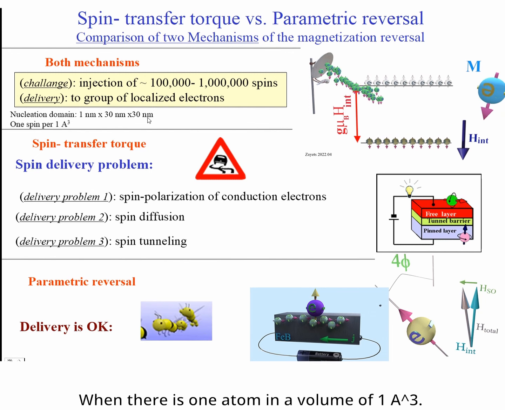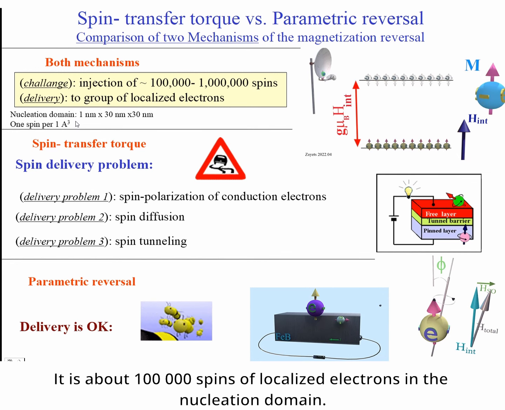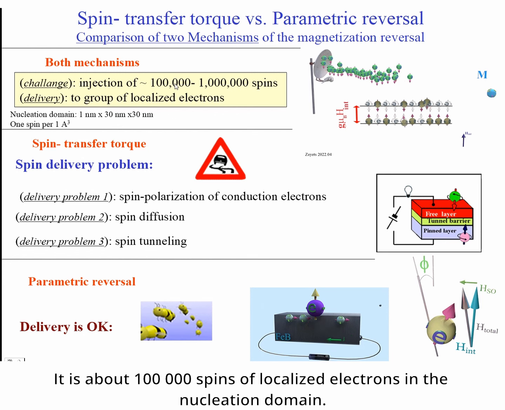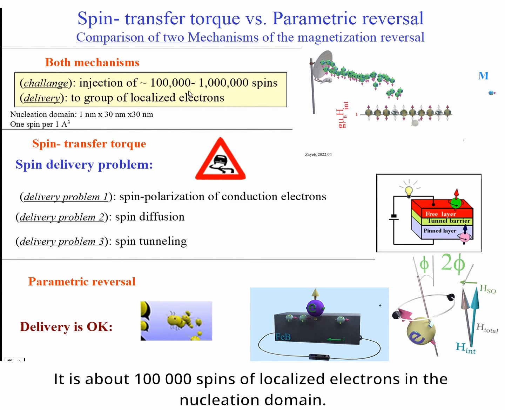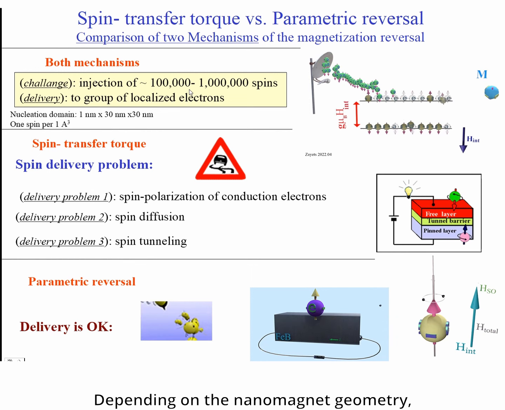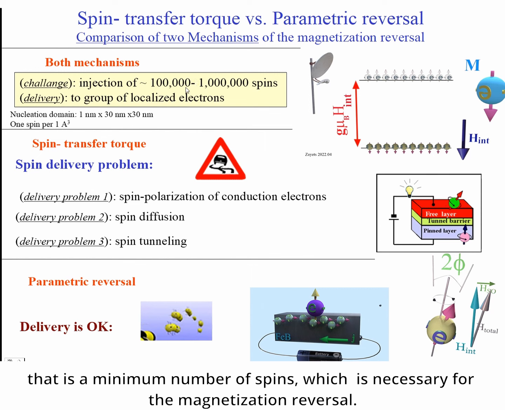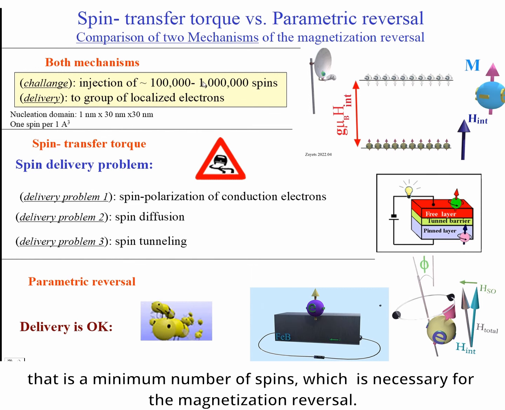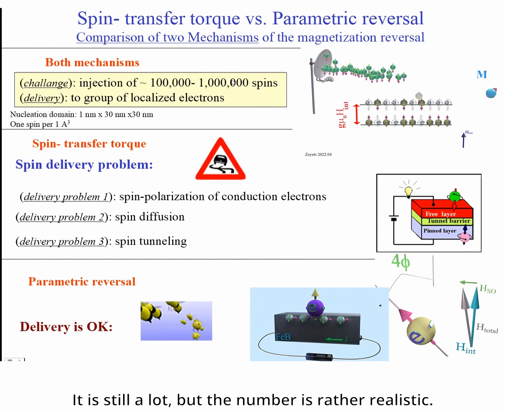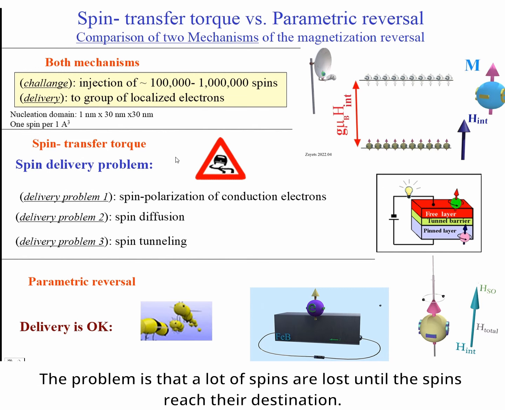When there is one atom in volume of 1 cubic Angstrom, it is about 100,000 spin of localized electrons in the nucleation domain. Depending on nanomagnet geometry, this is minimum number of spin which is necessary for magnetization reversal. It's still a lot, but the number is rather realistic.